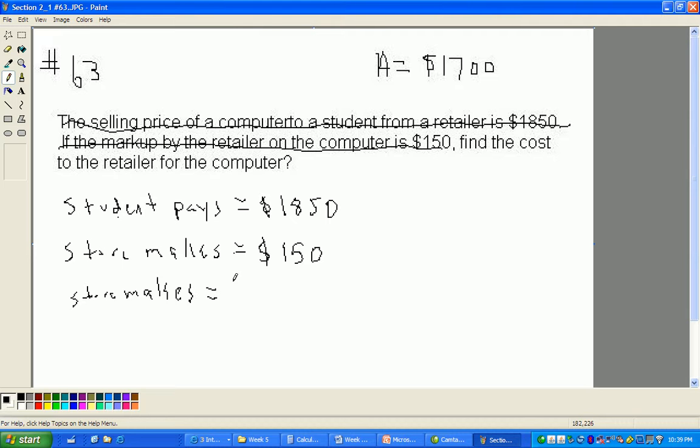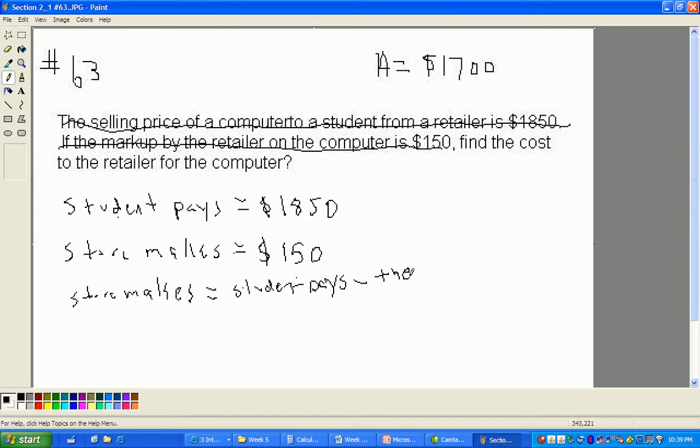The cost that we pay them minus their cost, or you know, what it costs them for the computer. So we'll say their costs. So let's take a look.